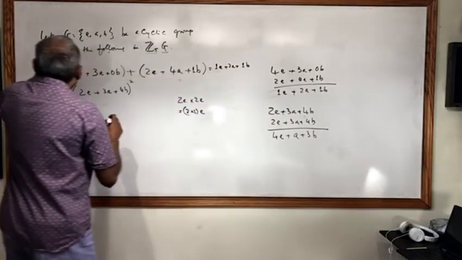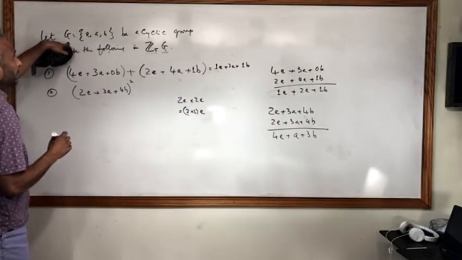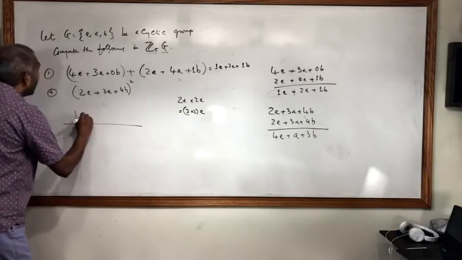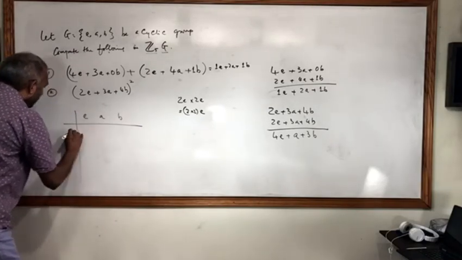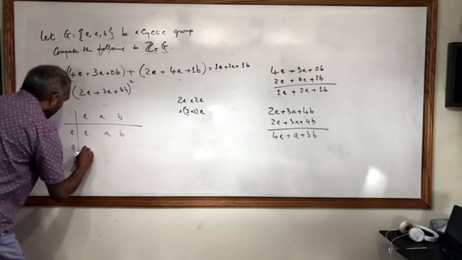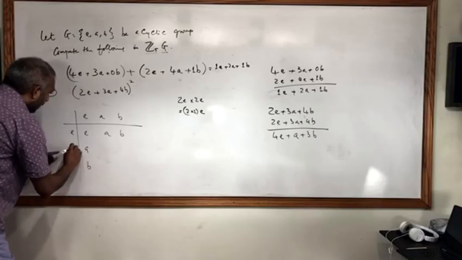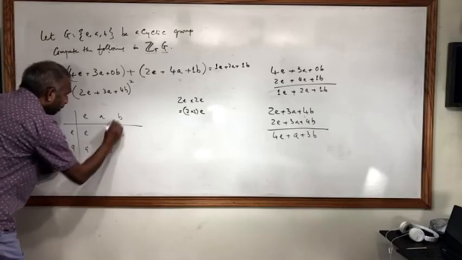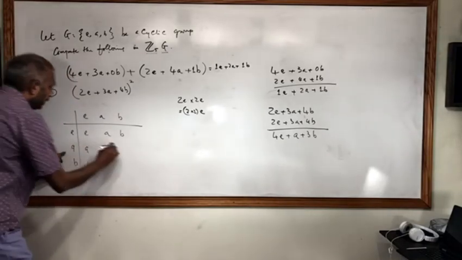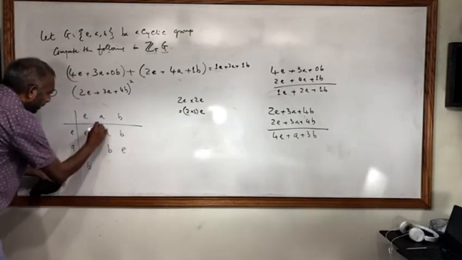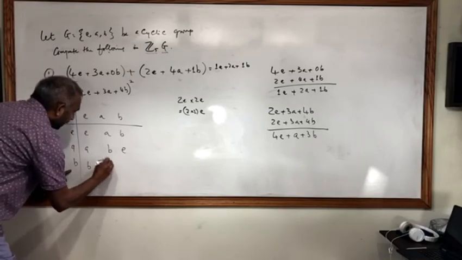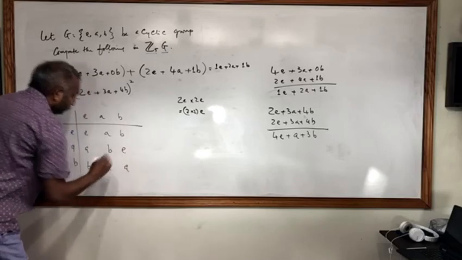Before that, I need to write down the multiplication table of this group, with rows and columns e, a, b. a squared is b, ab is e, ba is e, and b squared is a.